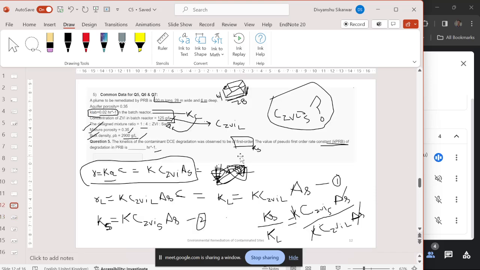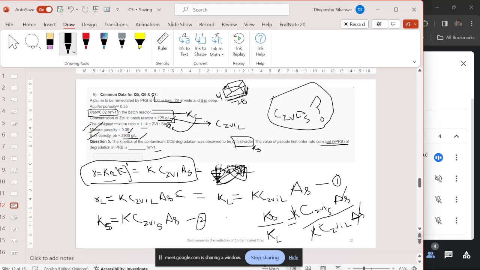So it is already given that the degradation is first order and we have to calculate the pseudo first order rate constant. We know the rate of reaction we can write as rate constant into concentration for first order, because the order will be 1.